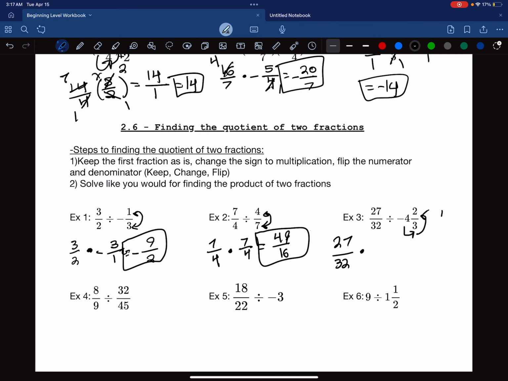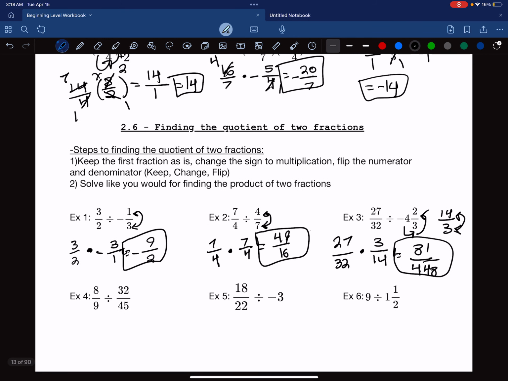Then we flip this 14/3, so we get 3/14. From here, we multiply through, and you're going to get 81/448, and that is your answer.